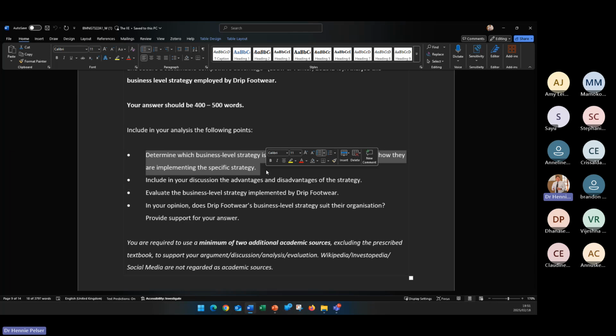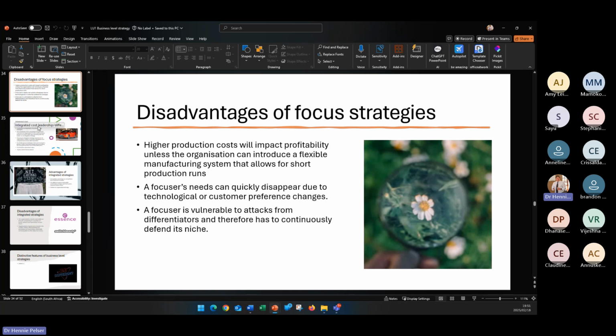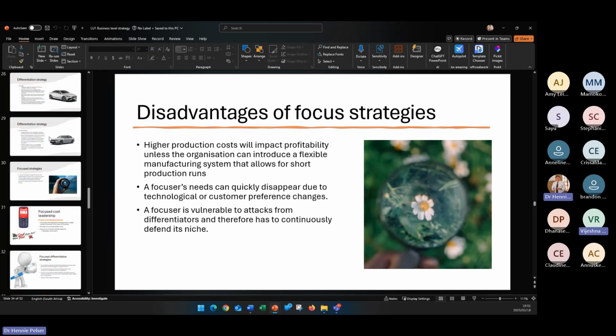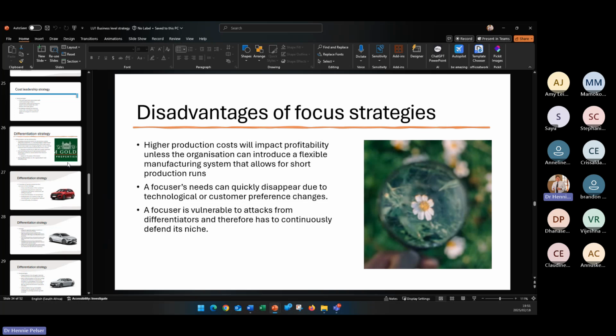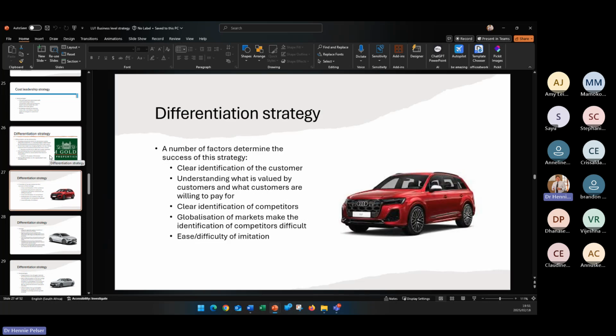But you can also, if you want, argue that they're an integrated strategy. For me, I think it is more differentiation. So the answer there is Learning Unit 1. I would definitely look at slide 26 for that answer. If anyone wants, they can find it in the textbook and let me know what the textbook page numbers are. You can also look at slide 27 in the first one.